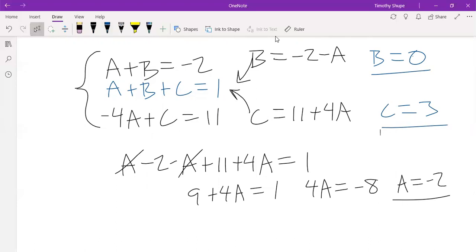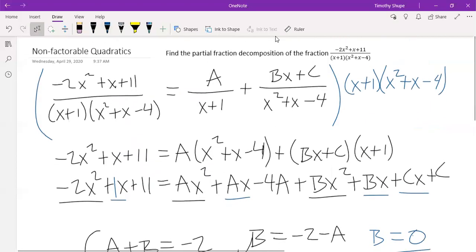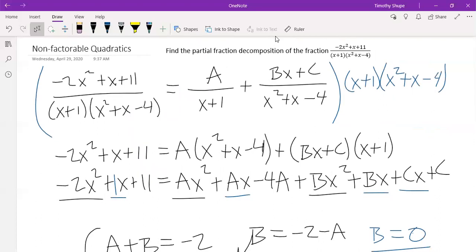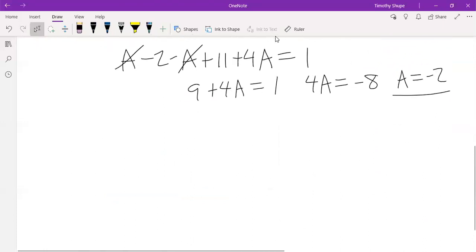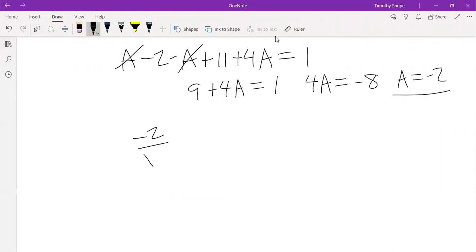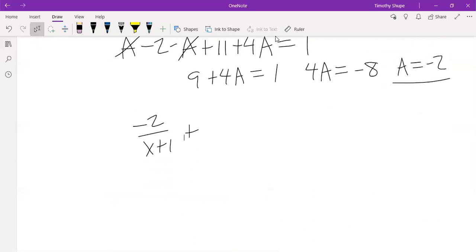So then it looks like one of our variables canceled out. We don't have a B, but we do have a C and an A to plug back into those original fractions up here. So the x plus 1 had the A on top of it. So I've got a -2 over x plus 1, and then plus my C value was 3.